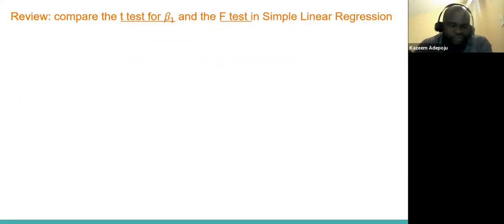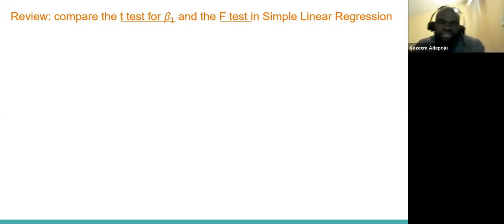Okay, some of you may be wondering, in our previous lecture, we carried out a significance test on beta 1 using the t-test, but right now we want to carry out a significance test on beta 1 using the F-test. Now the question is, can we have a way to compare the two?